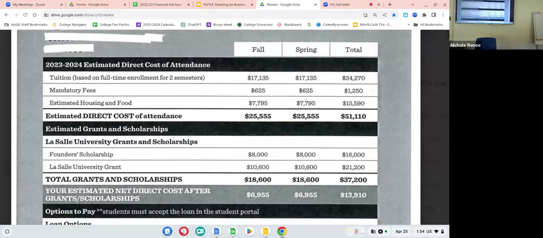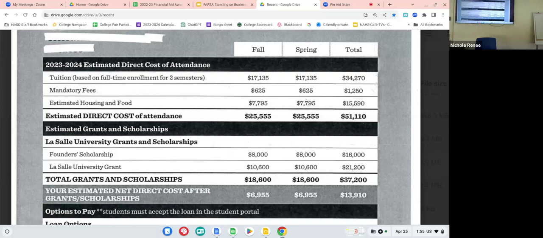Then you're also going to be charged fees. And then if you stay on campus, they're going to do housing and food. So how much does it cost for you to stay on campus at LaSalle? 51,000. 51,110, okay? Just to stay on campus. So they gave the student a founder scholarship for $16,000. And LaSalle is a school that you can commute to.